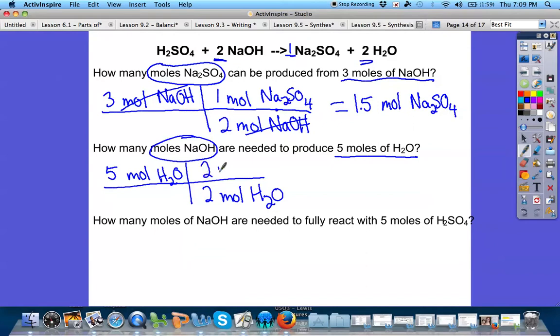We have 2 moles of sodium hydroxide. We're going to cancel out our moles of water. 5 times 2 is 10 divided by 2. That's going to be 5 moles of sodium hydroxide.